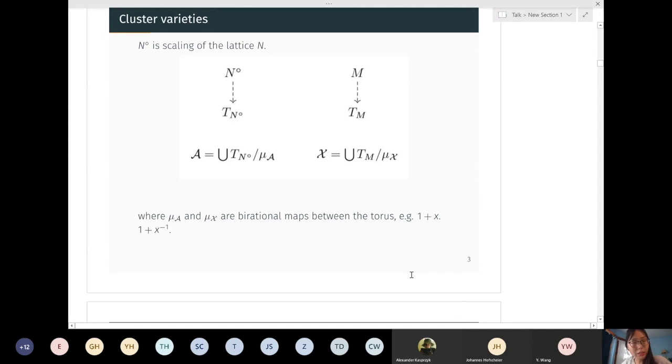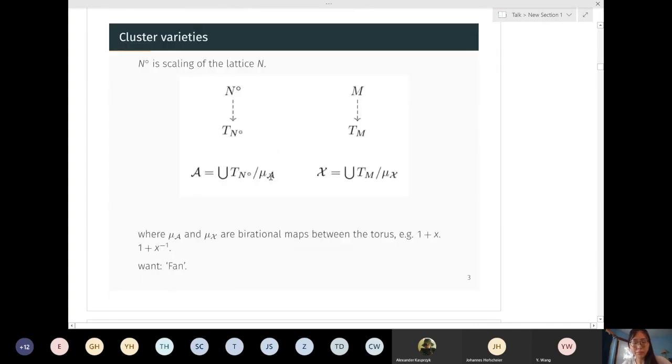If you are a cluster person, those tori correspond to the seeds, and those rational maps correspond to the exchange relations of cluster variables. But if you are an algebraic geometer who doesn't care about clusters, those are just a bunch of tori, and there's some combinatorial rule telling you what the birational map is.